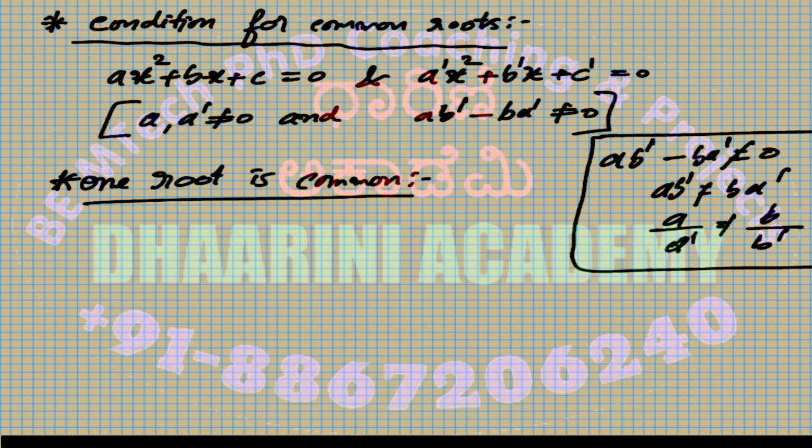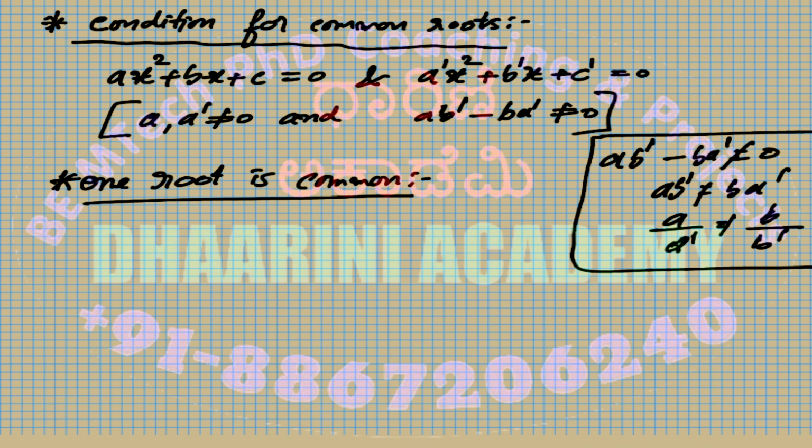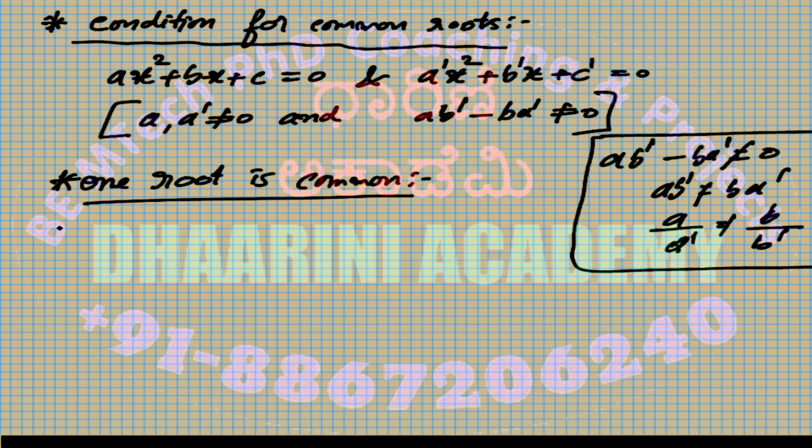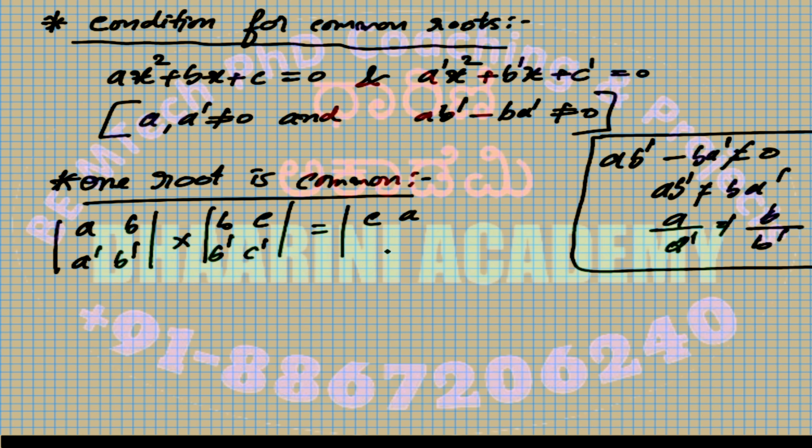If you want to have one root common, then the condition is that the determinant of a, b, a dash, b dash multiplied by the determinant of b, c, b dash, c dash should be equal to the square of the determinant of c, a, c dash, a dash.